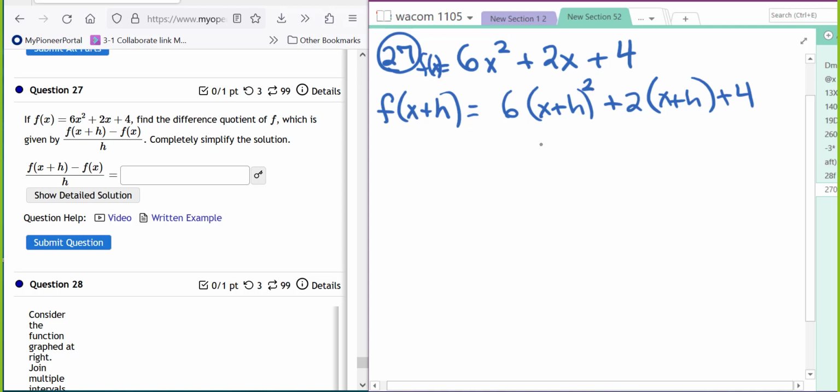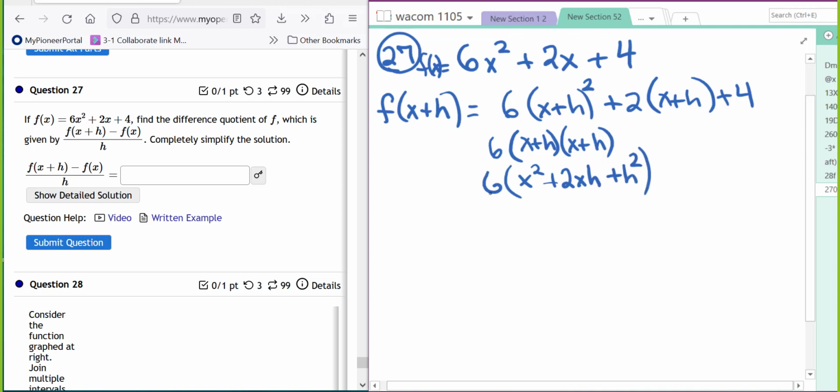That's important. So that means you're squaring a binomial, which is x plus h times x plus h, which is going to be a FOIL. So I'm going to do that before I multiply by 6. So x times x is x squared. Outside you get xh, and inside you get xh. So you're getting 2xh plus h squared. And now I'm going to distribute this 6, right?